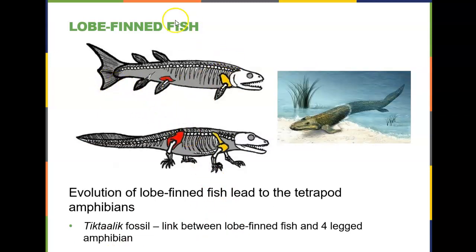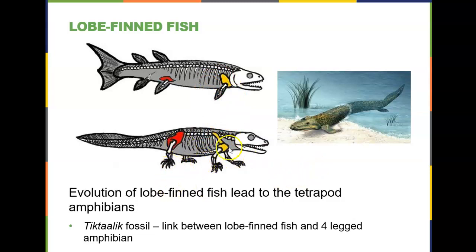So here we have an example of a lobe-finned fish right here with structures that actually have little bony fingers. And then it evolved into examples like this Tiktaalik fossil, which is a transition animal between the lobe-finned fish and the current day amphibians.